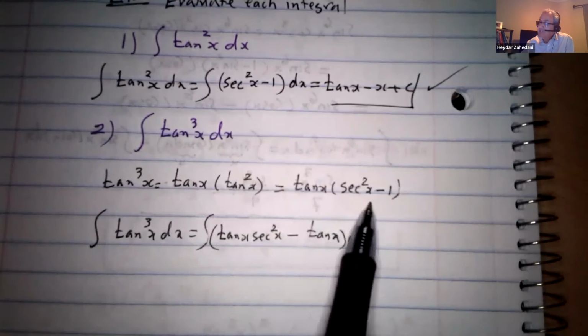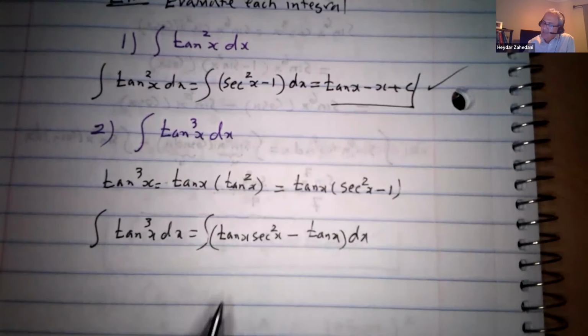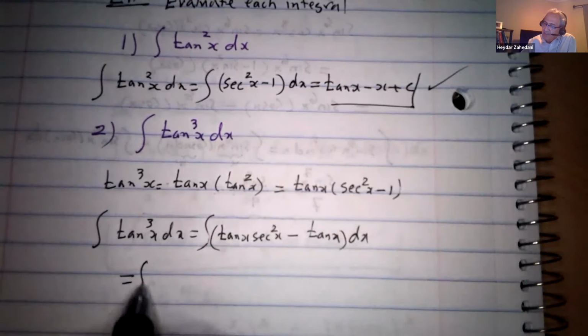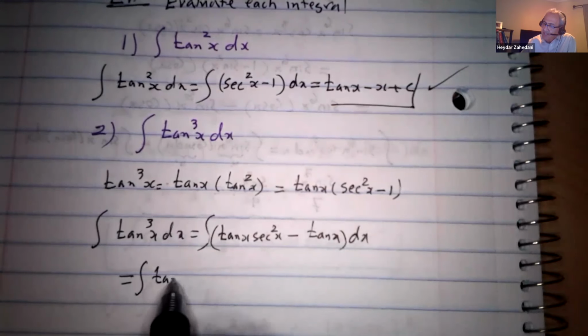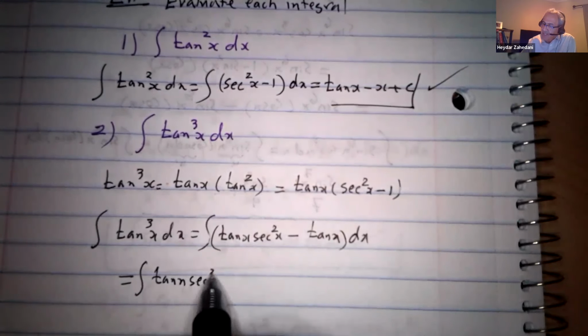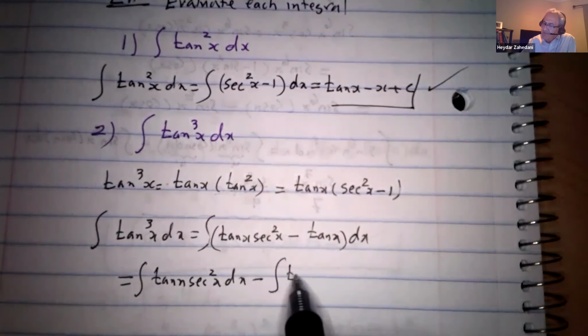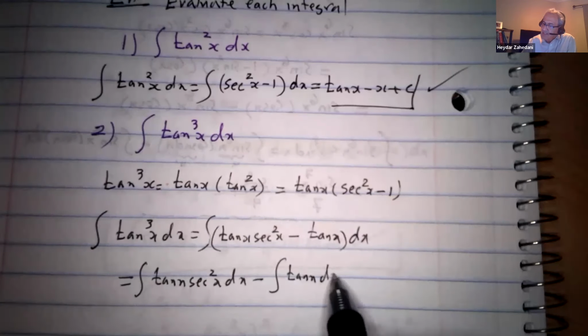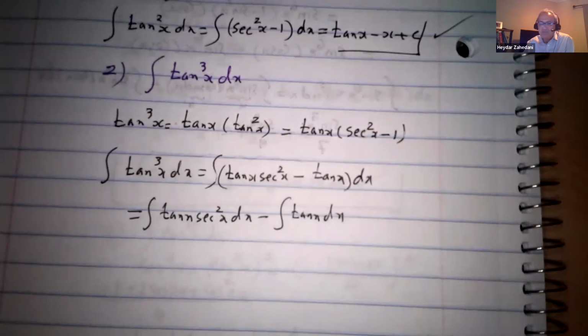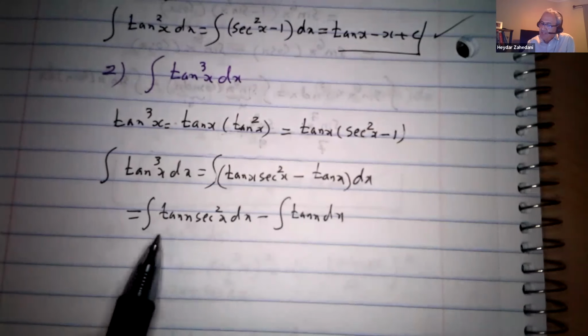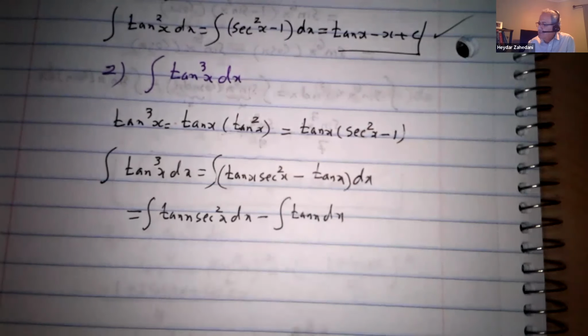Okay, I just multiplied the tangent inside. So we have two integrals. It's going to be the integral of tan x secant square x dx, the first one, and minus the integral of tangent of x dx. That's it. Okay, over here, this is going to be u du.